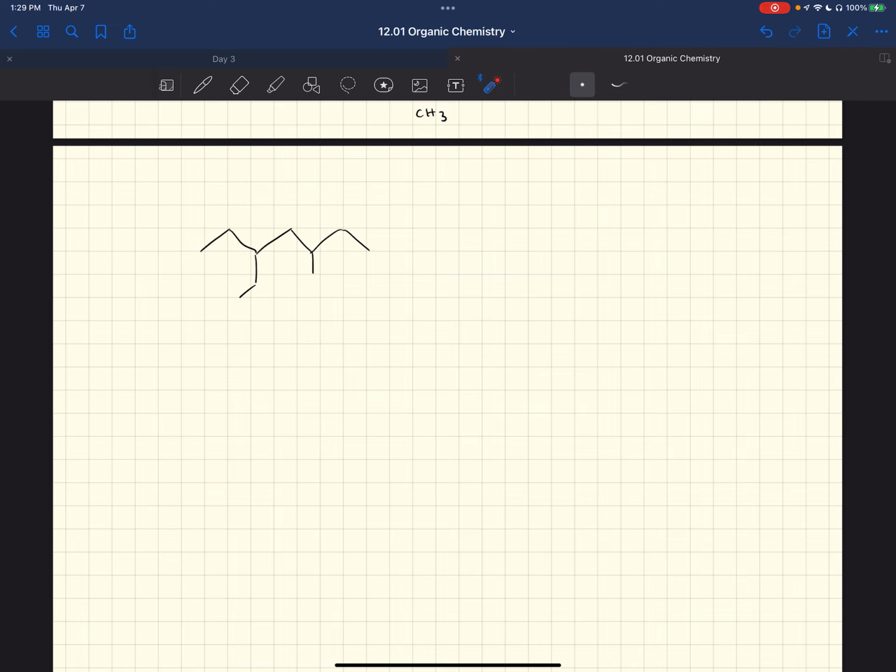So 1, 2, 3, 4, 5, and then we can either go 6, 7, or we could go down here 6, 7. So it doesn't really matter. So just for fun, I'm going to go the other way. Okay, and then for the numbering, I can do blue, or I could do green. Okay, and either way, my branches are going to be at positions 3 and 5.